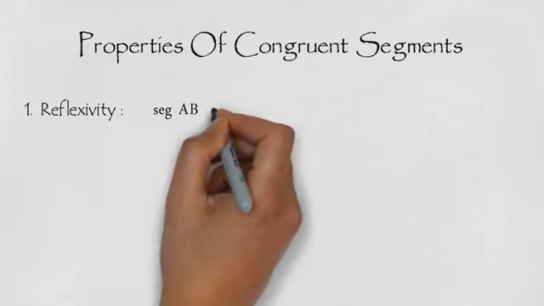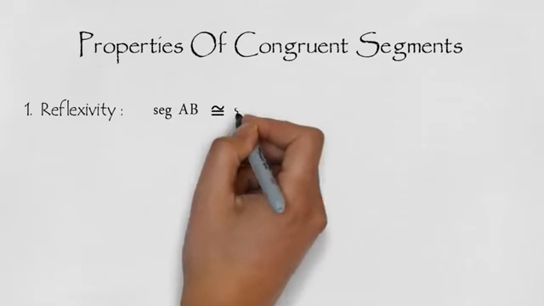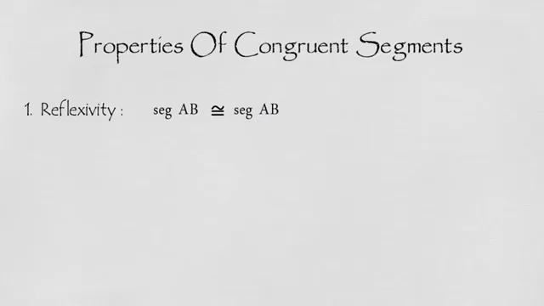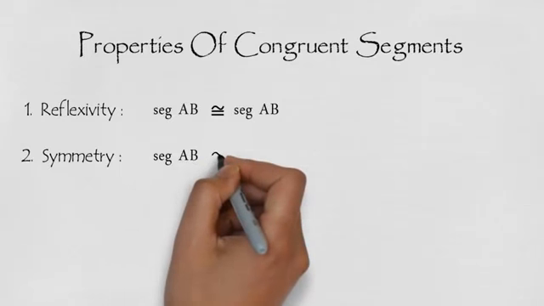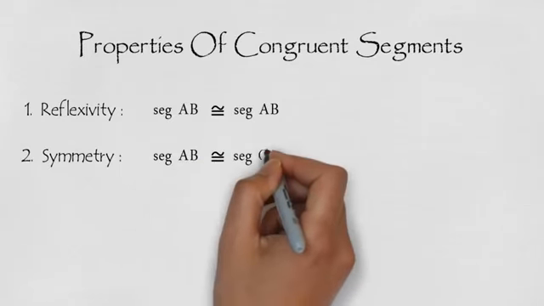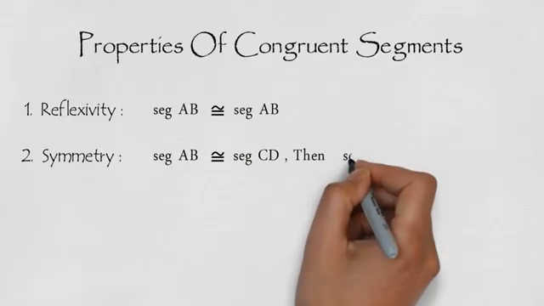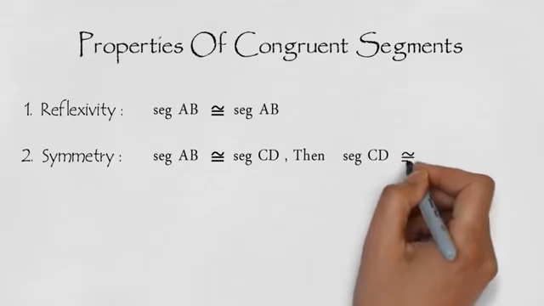Segment AB is congruent to segment AB. Number 2. Symmetry. If first segment is congruent to a second, then the second segment is congruent to the first. If segment AB is congruent to segment CD, then segment CD is congruent to segment AB.